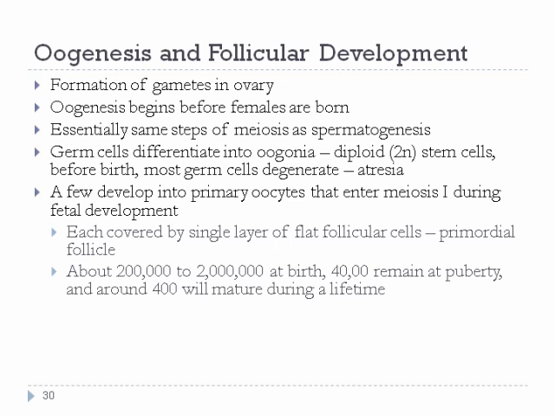Women have about 200,000 at birth. About 4,000 remain at puberty, and around 400 will mature into ovulated ova during a lifetime. Those follicular cells in the primordial follicle divide and become the granulosa cells that form that corona radiata.